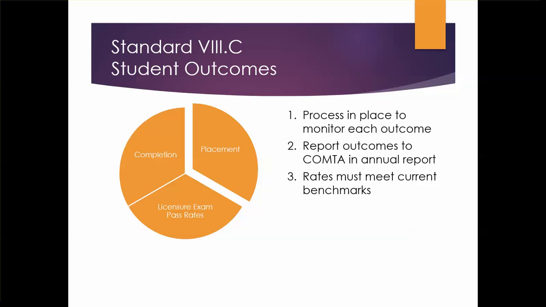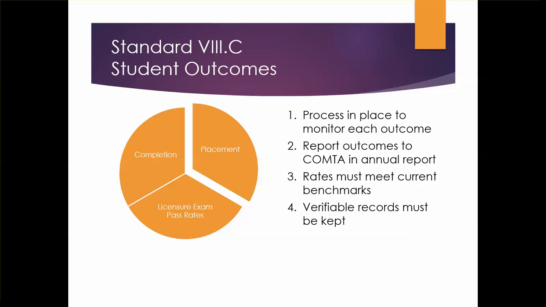The rates must meet the current benchmarks. Since licensure exam pass rates is new, we don't have a set benchmark yet. Completion and placements have been at 65%, but that's at the time of this recording, so you will want to check the guidelines that are online to stay current with what those are.